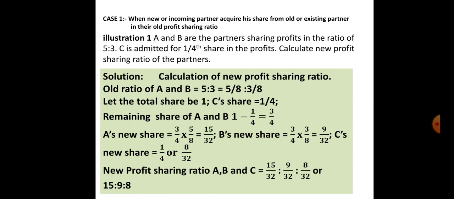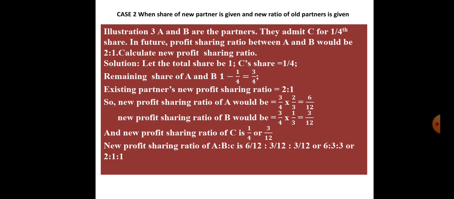Is it clear? Now case number 2: when the share of the new partner is given and the new ratio of the old partners is given. There were two conditions to calculate in case number 2. First, the share of the incoming partner is given, and second, the future profit sharing ratio between old partners, that is, the new ratio of old partners, is also given.